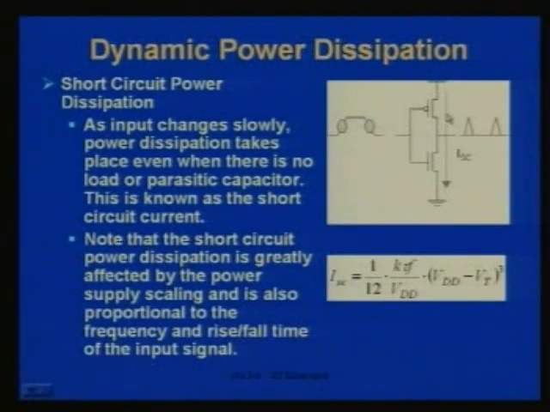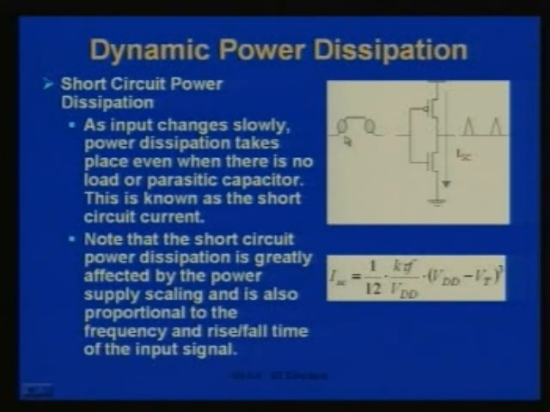In other words, there is no direct path from supply to ground. Say this is a simple inverter, that means when the input is 0, this is on, when the input is 1, this is on. But normally for low and high inputs, there is no direct path from the supply voltage to ground. So, in other words, there should not be any short circuit current passing through the transistors.